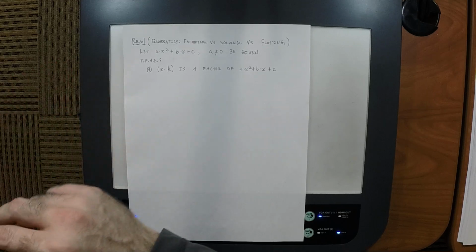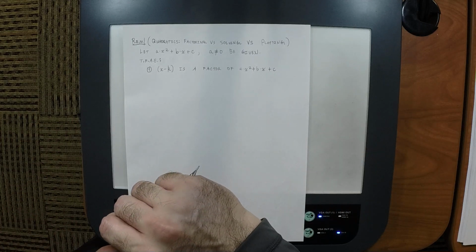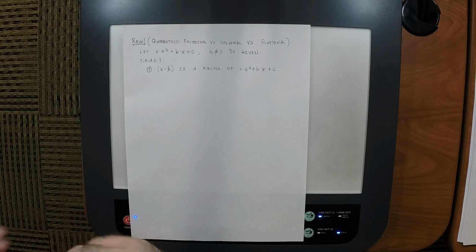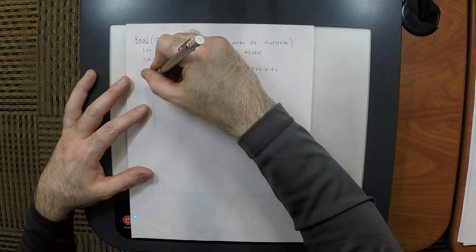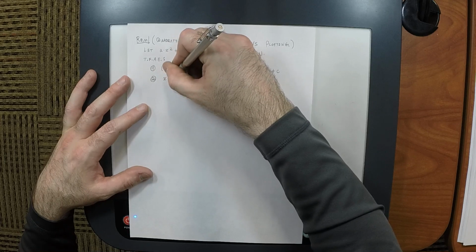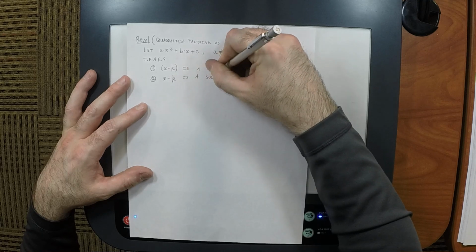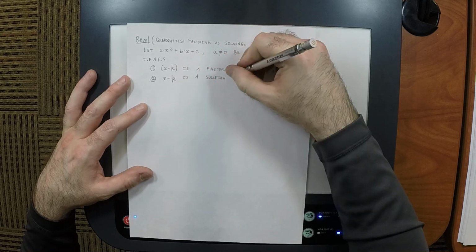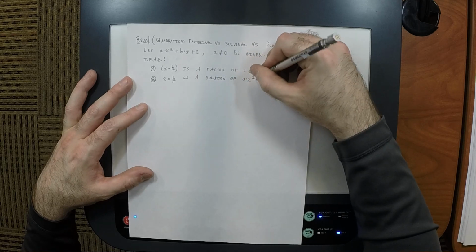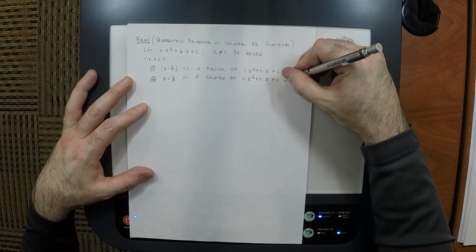So it's saying, here's one statement: somehow we find out that x minus k is one of the factors. Well, that also means that x equals k is a solution of ax squared plus bx plus c equals 0.